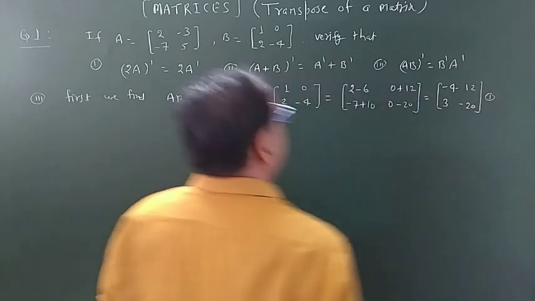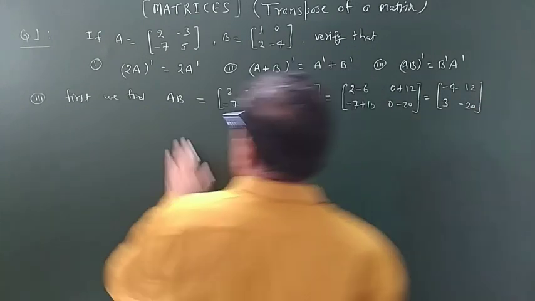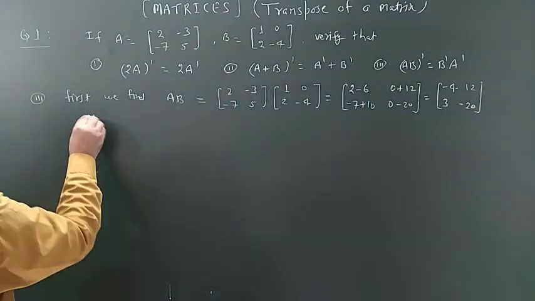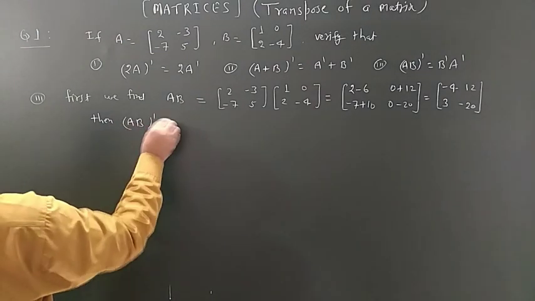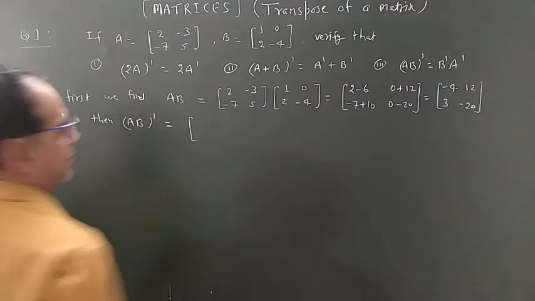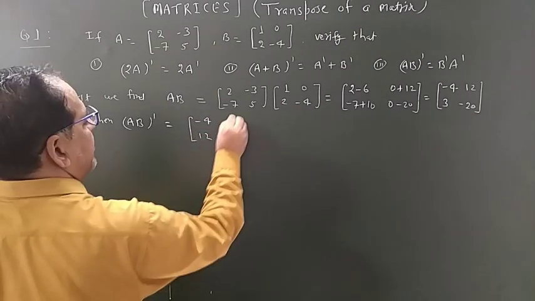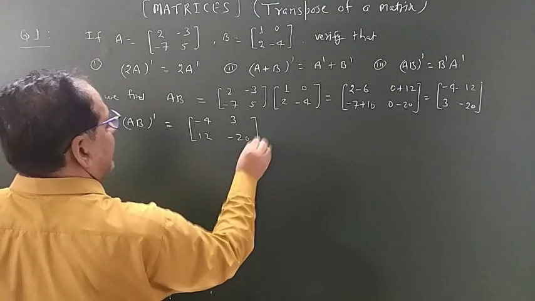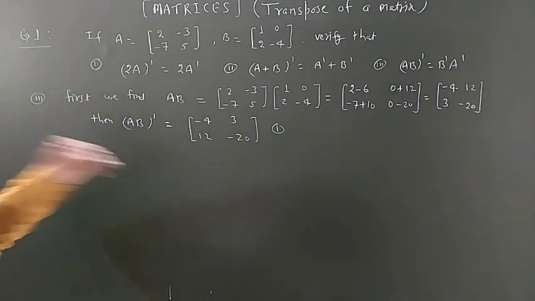This is the value of AB. Then (AB) transpose can be written as -4 3 12 -20, interchanging the row and column. Assume this is equation one. So this is the value of (AB) dash.